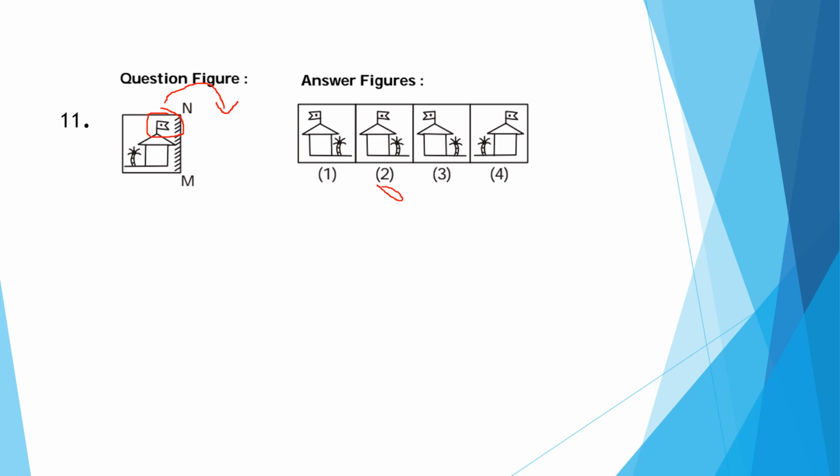But in the second and fourth the flag is in the same direction, so this is not it. Now observe the first and third diagrams. Here the tree is turning right side, but in the answer figure it will turn to the left side. So one is also a wrong answer. The answer is the third option.